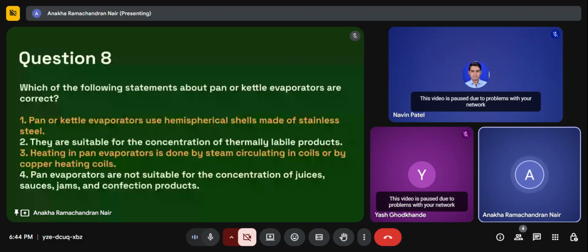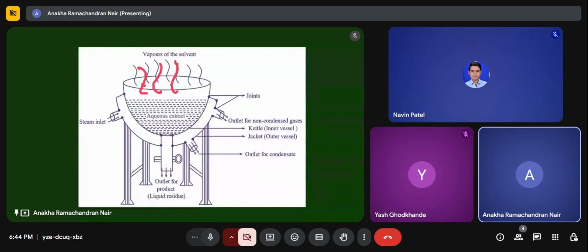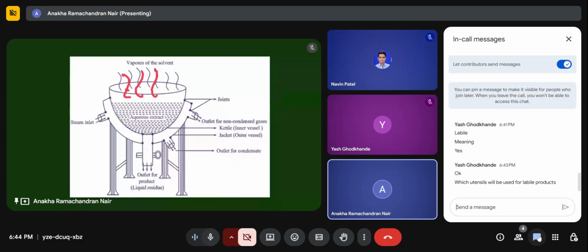In that way, you are removing water vapors using heat, right? So you can use something like freeze concentration. Instead of heating, you are freezing the solution, and the water will become ice solids, and everything else will get separated. So you're not heating the liquid, right? So it can be used for thermally labile products. Just heat cannot be used.